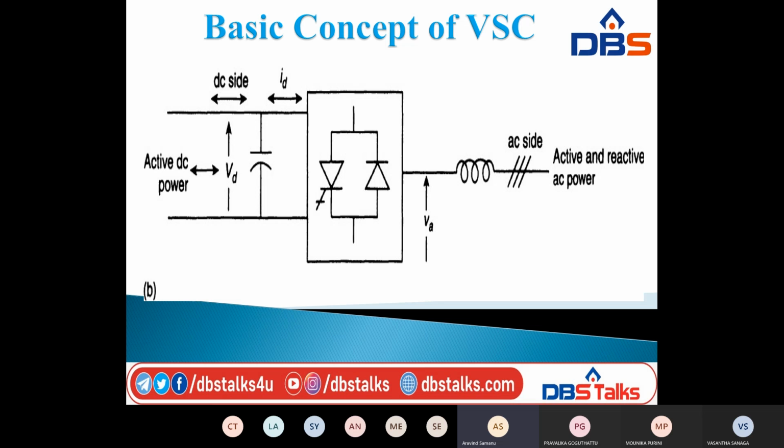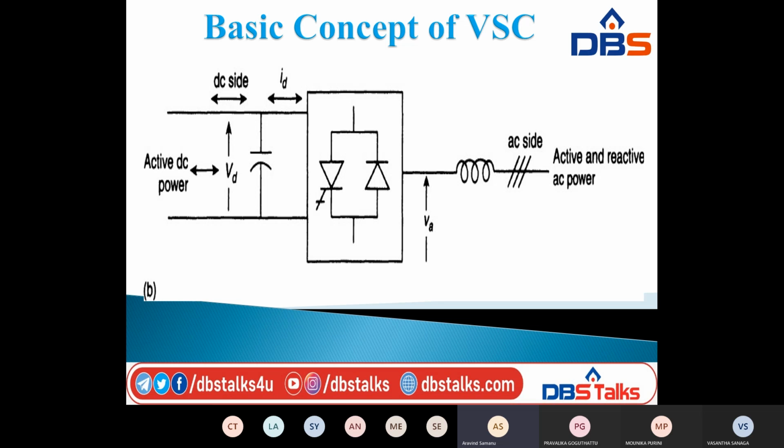So voltage is unipolar, but current flows in either direction, and it can exchange DC power with the connected DC system in either direction. The active DC power indicated here also flows in either direction.